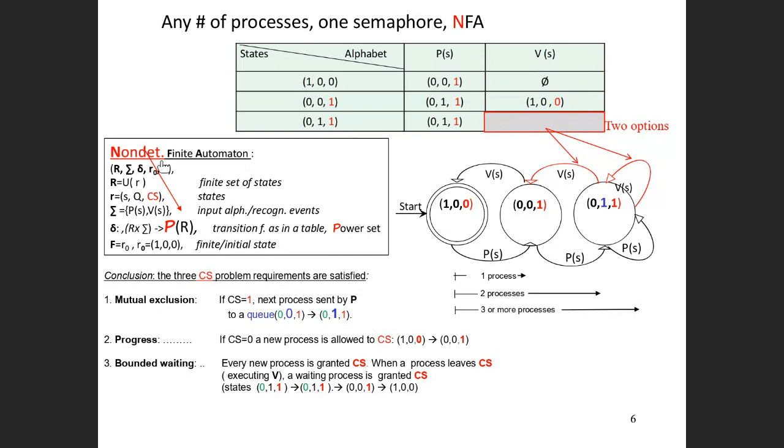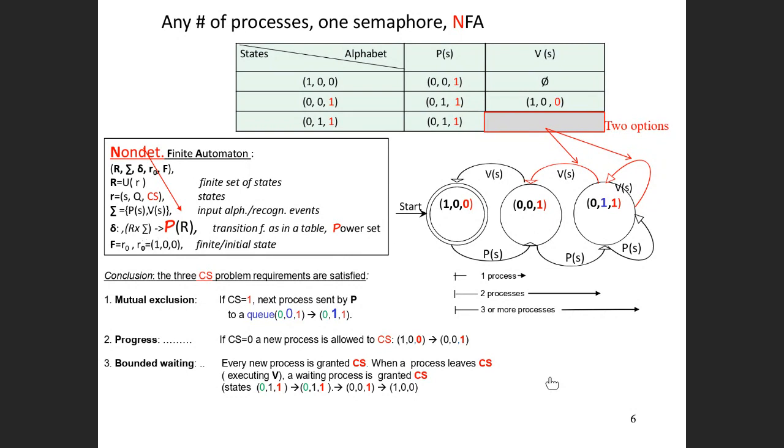And when you look at the finite automaton definition on the left-hand side, you see that delta is mapping a pair of state and input into the power set of states. Power set, which means all possible combinations in general.